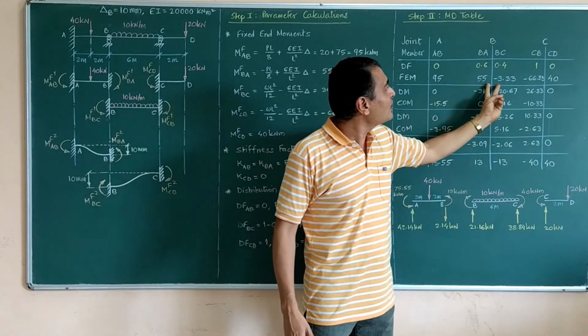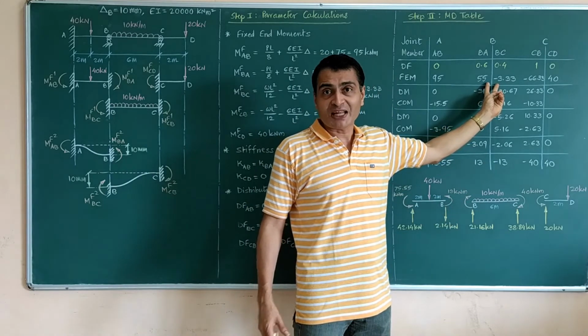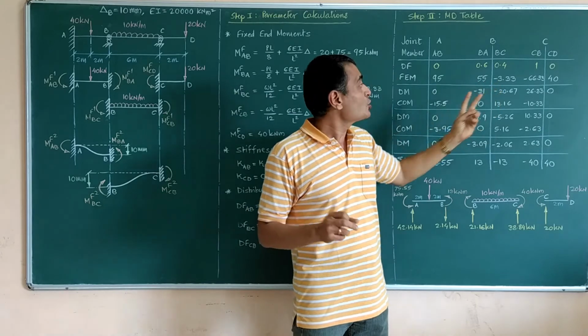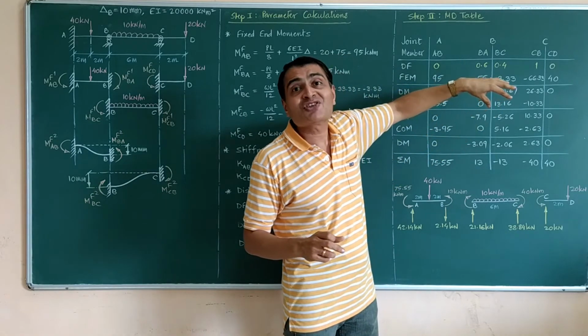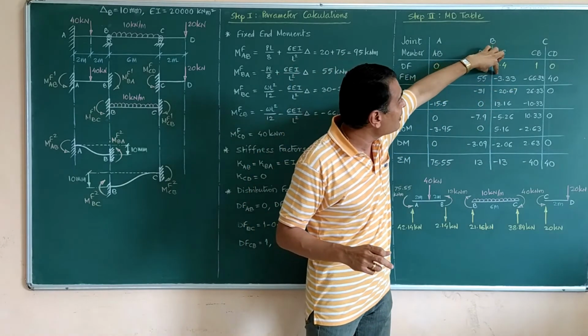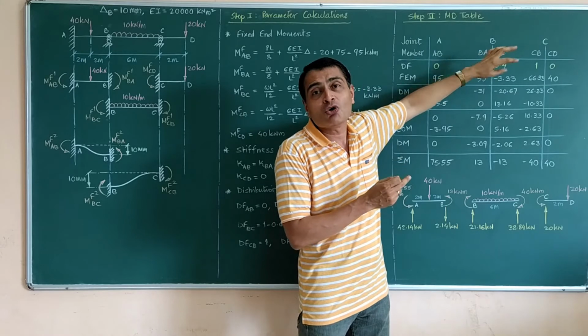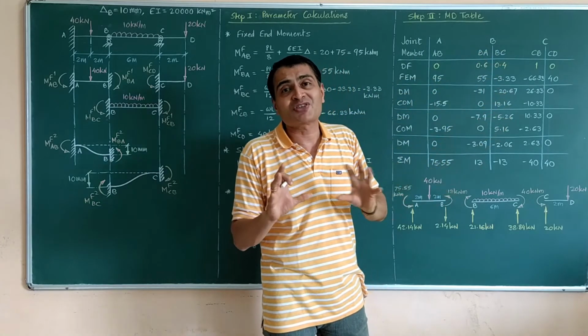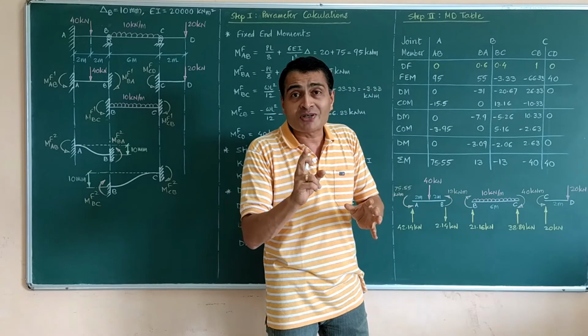How much is the imbalance? 55 minus 3.33. That much is the imbalance. So I apply a clockwise movement, that is a negative movement, because the imbalance is positive. 55 minus 3.33 would be something like 51.67, some figure close to that. Positive 51.67.